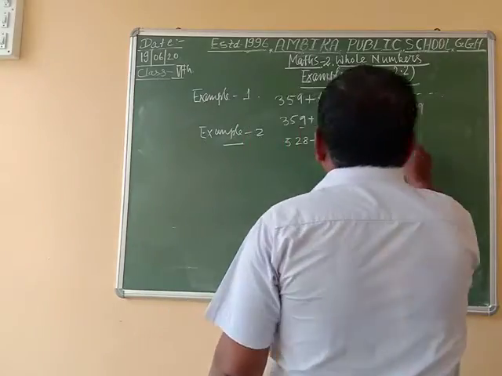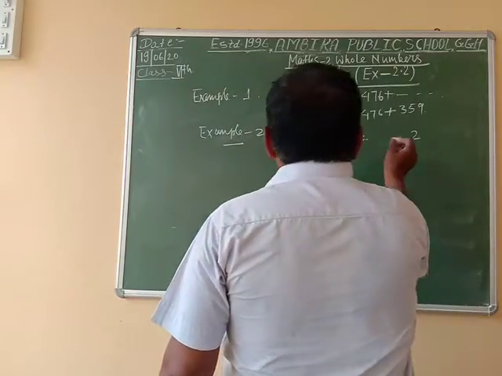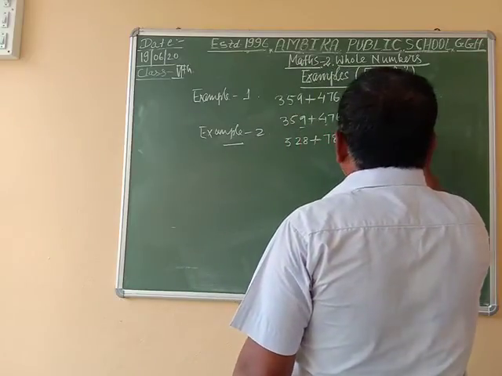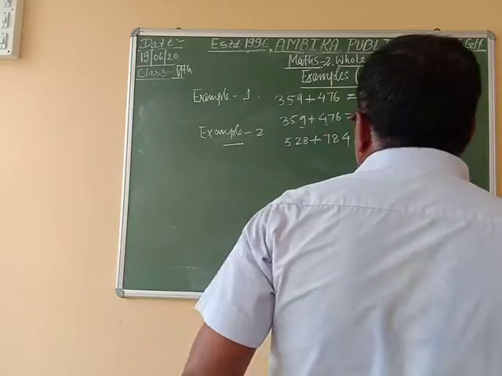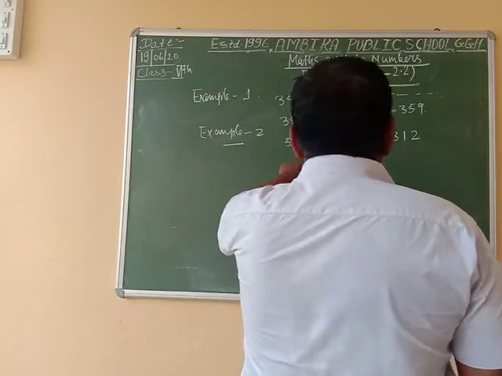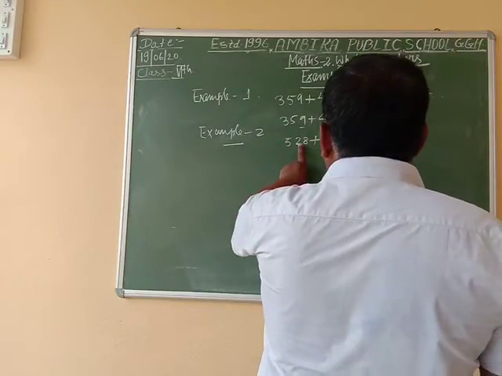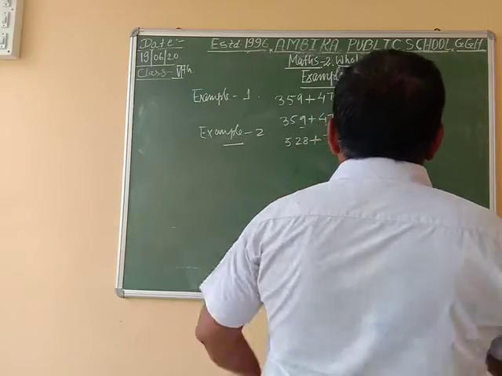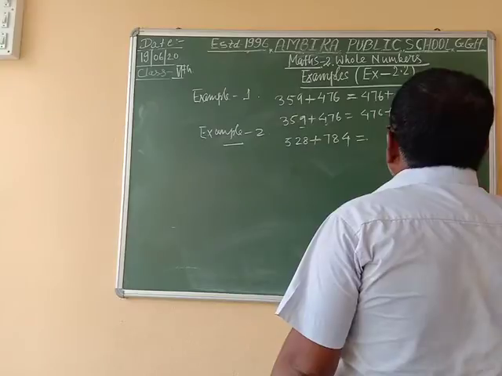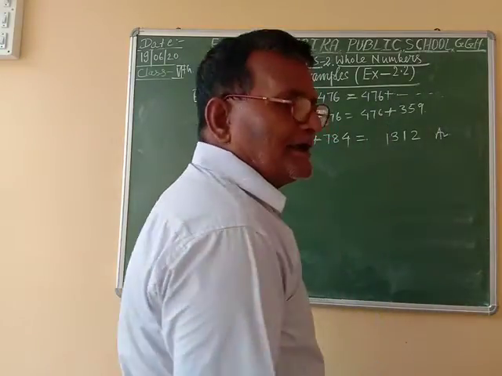Adding, we get 5 to 8 plus 7, 8, 4. We have 8 and 4, 12; and 2, 10, 11; 7 and 5, 12, 13. We have 1312.